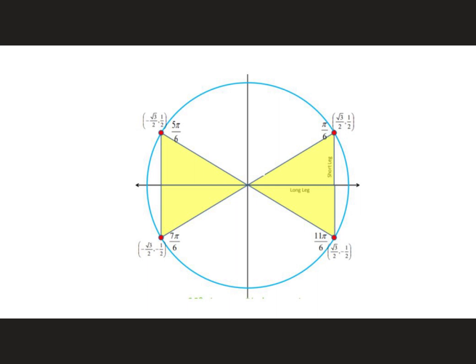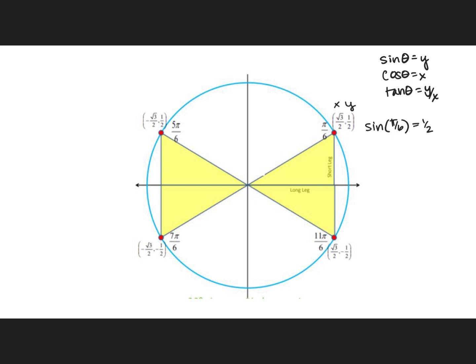Here on the next one, we've got the sixth, okay? And I want to be able to use the shortcuts. So as I go through this, sine of the angle, I'm going to look at the y. Cosine of the angle, we're looking at x. And tangent is going to be y over x. Okay, so here in the first quadrant, sine of pi over 6 is going to be 1/2.